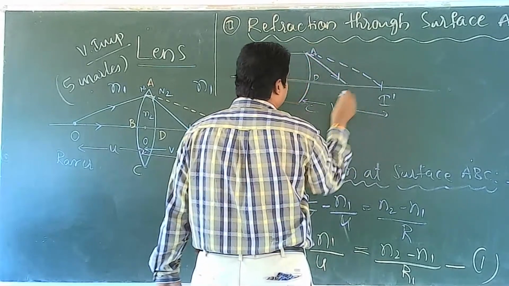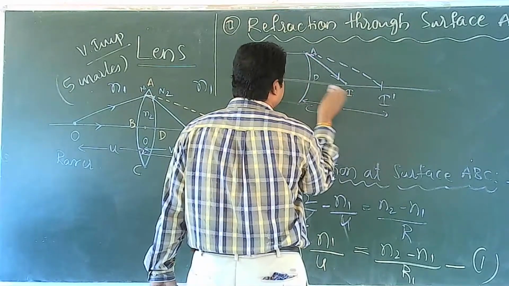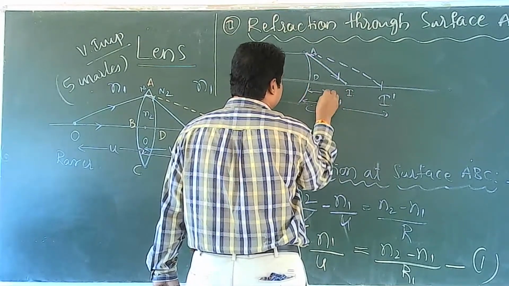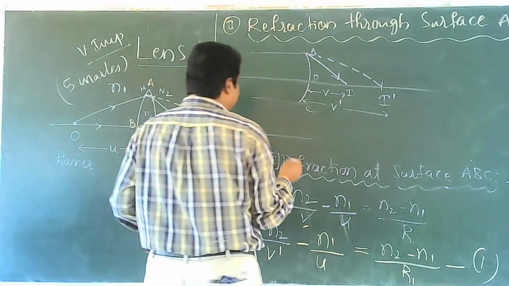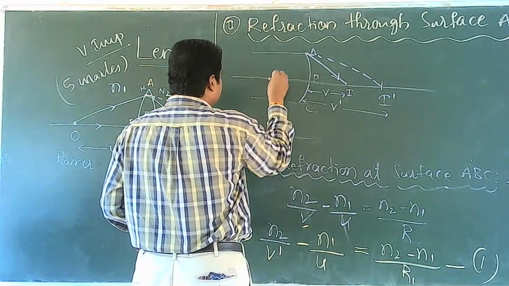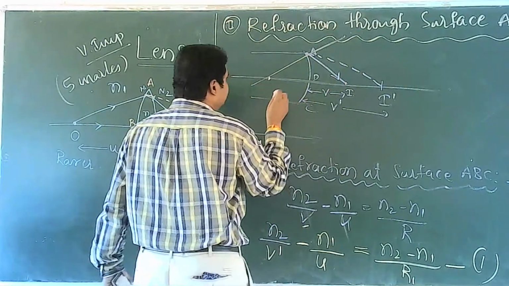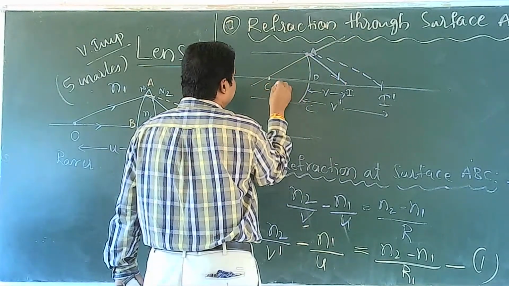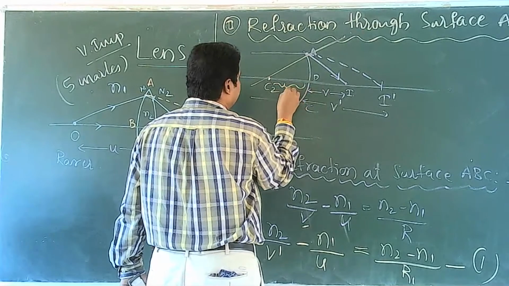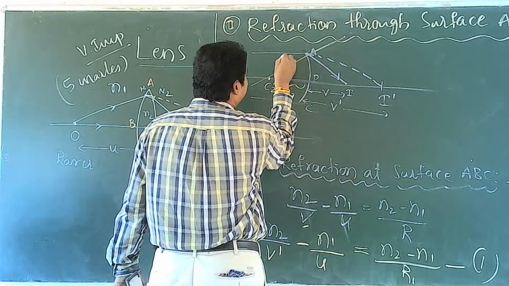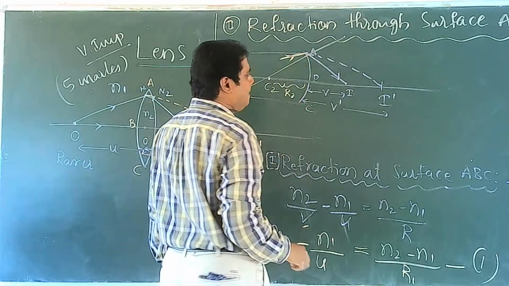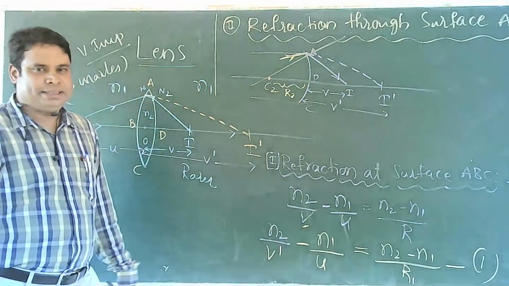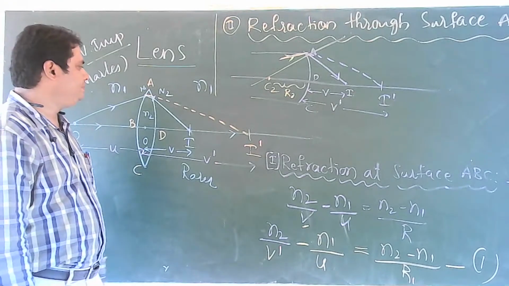Somewhere here, what? I, real image, at a distance of v, and here C2. This distance is R2. Here your ray present, what ray? Incident ray. Correct. This must be.